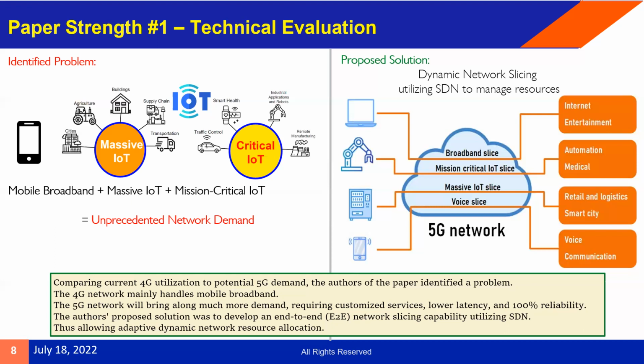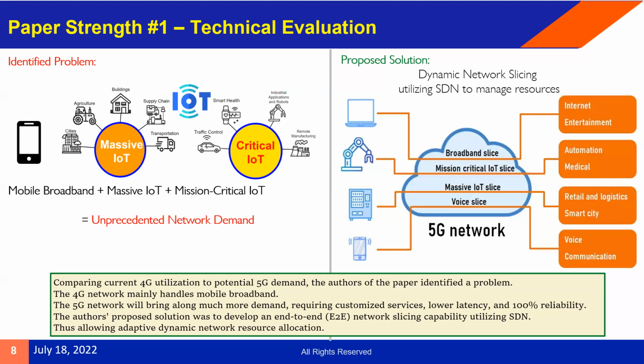The proposed solution that the authors came up with was to develop an end-to-end network slicing capability utilizing software-defined networks. So on the right side of the screen, it kind of depicts what was mentioned earlier. You have a massive network that is going to be divided up into different slices. This example shows a broadband slice, mission critical IoT slice, massive IoT slice, and a voice slice.